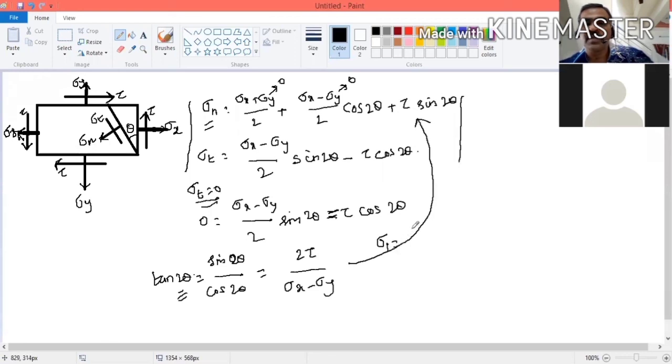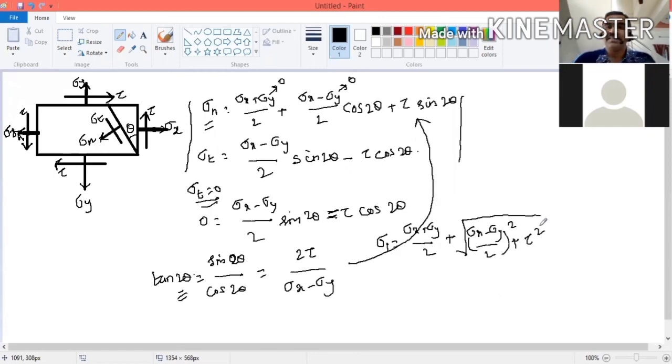Sigma 1 is equal to sigma x plus sigma y by 2 plus root of sigma x minus sigma y by 2 the whole square plus tau square. This is not a function of theta because this is a maximum value. For some value of theta, when tan 2 theta is equal to this value, sigma n is maximum.